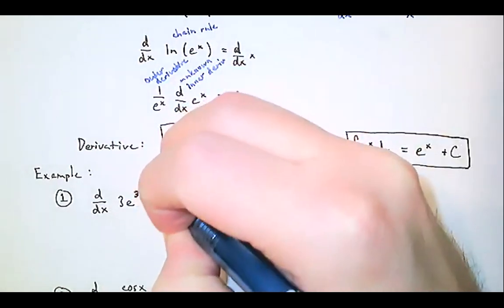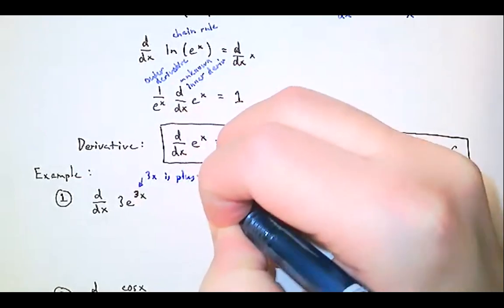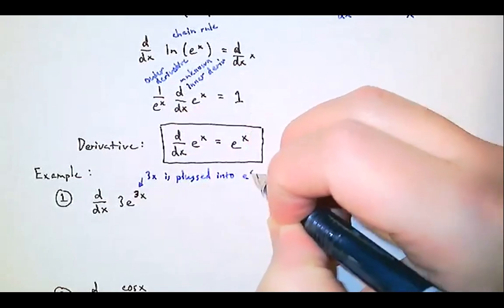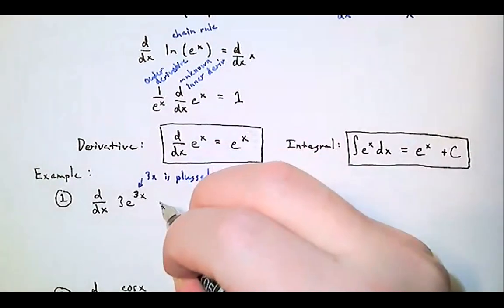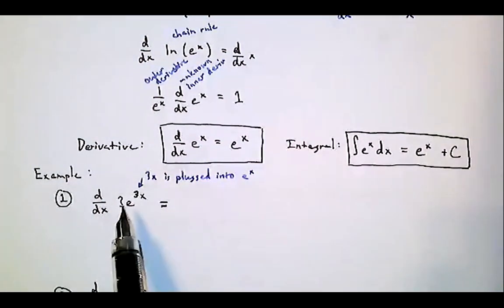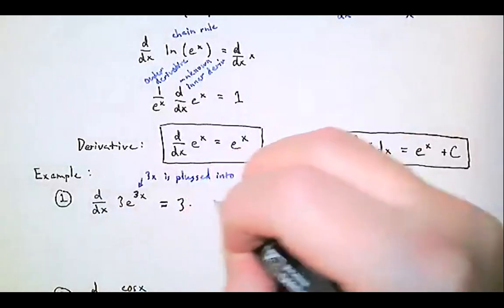So 3x is plugged into e to the x. Okay, so let's just work through all of the details. The constant 3, since it's just being multiplied by my function, can be moved to the front of the derivative. Let's go ahead and do that.